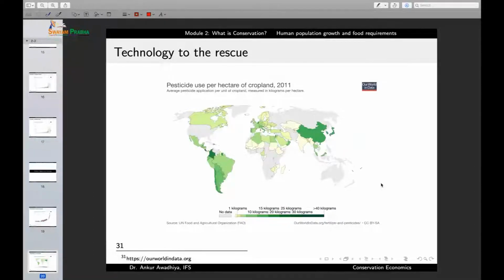Similarly, if we look at the pesticide application per hectare of croplands, here again we'll find that in quite a number of countries there is a very heavy use of pesticides in the cropland. Now, these pesticides were just not available in the days of Malthus. So, this is something that Malthus could not have foreseen.